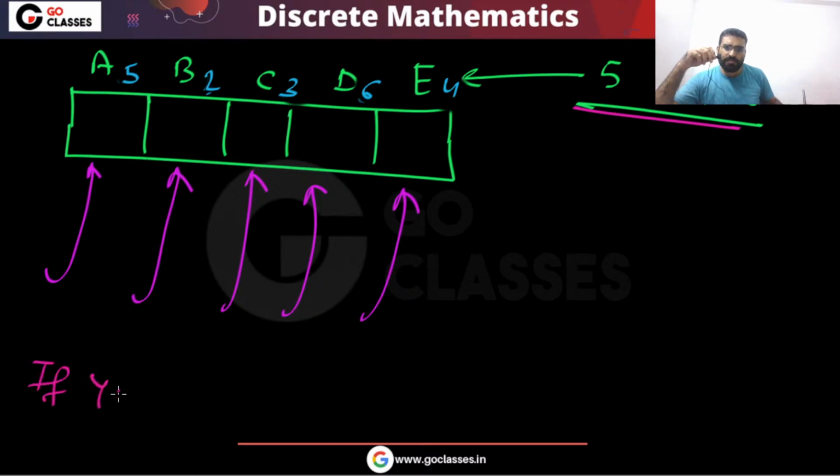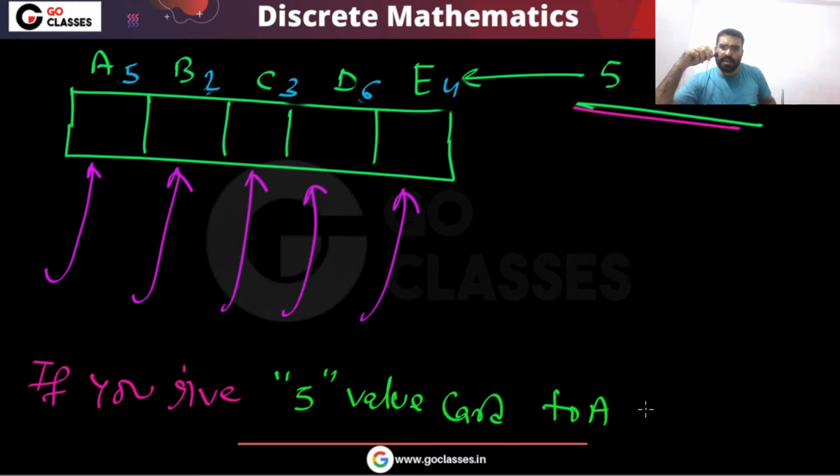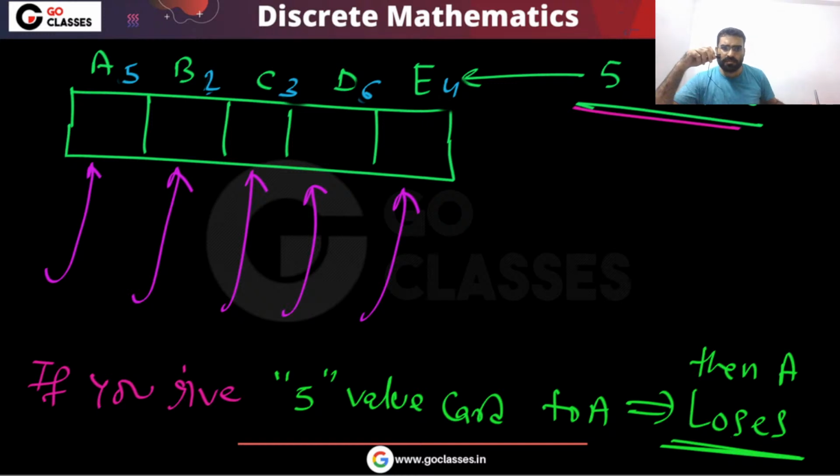Remember, if you give the value 5 card to A, then A will lose. Yes or no? Then A loses.